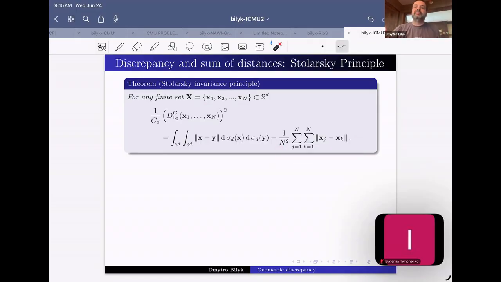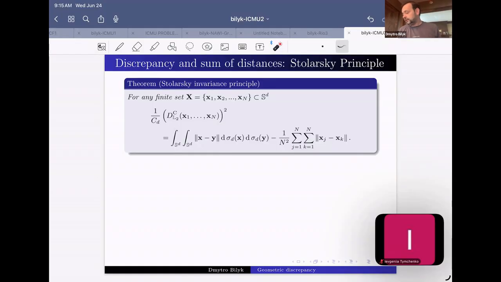You can view it as the Riemann sum given by these points. But also you can say that this identity says that minimizing the discrepancy, which is what we want to do, is absolutely equivalent to maximizing the pairwise sum of distances between the points.